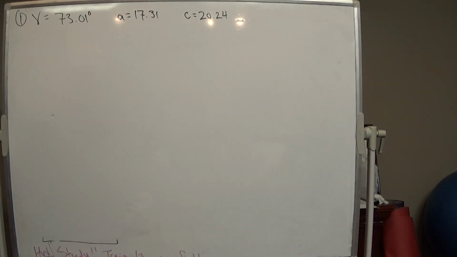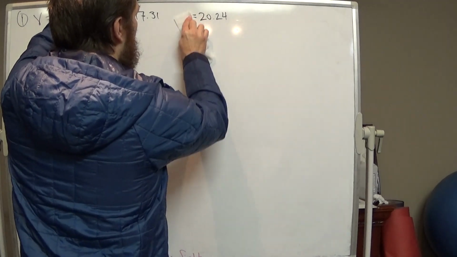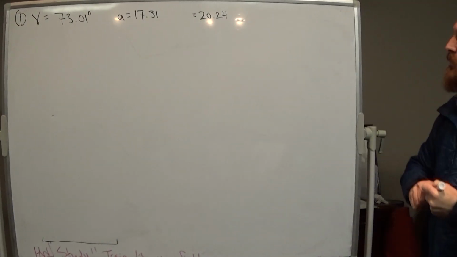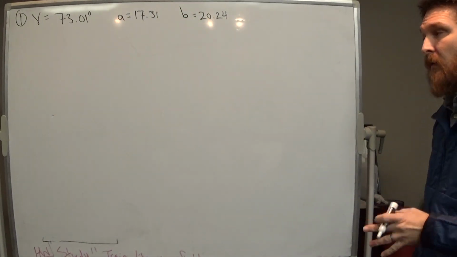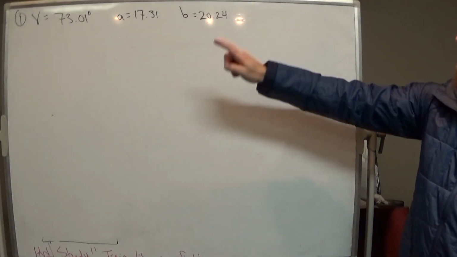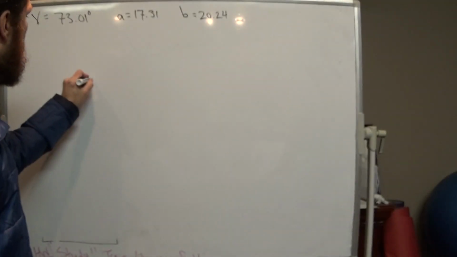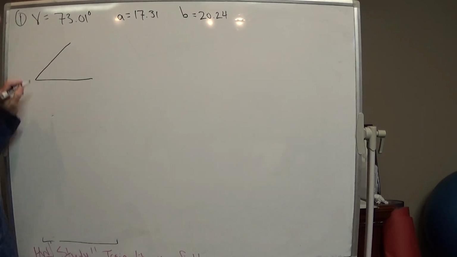Okay, so I want to turn this into a side angle side. So let's make this a B. So same numbers. Only now this is a B. And so let's draw it out and see what happens. Gamma is between A and B. And so I could just draw, I'll make B a little bit longer, A a little bit shorter.